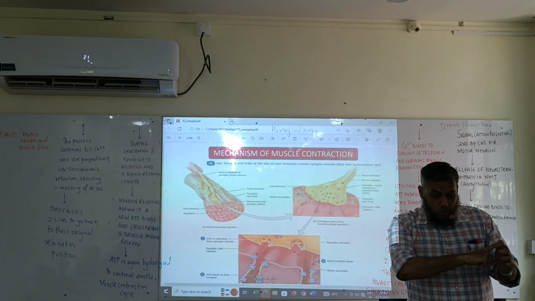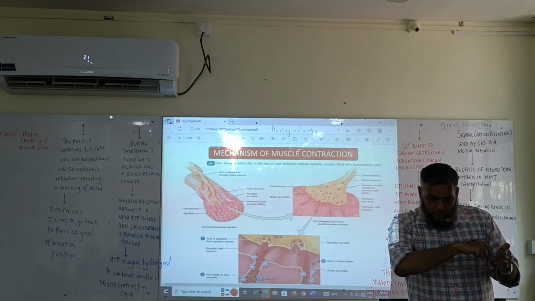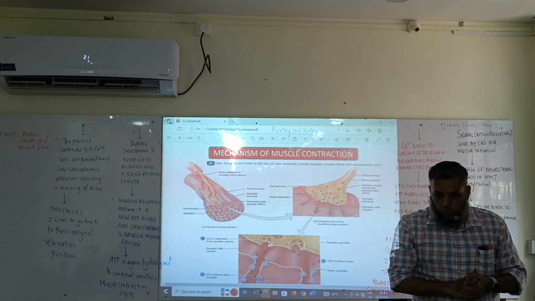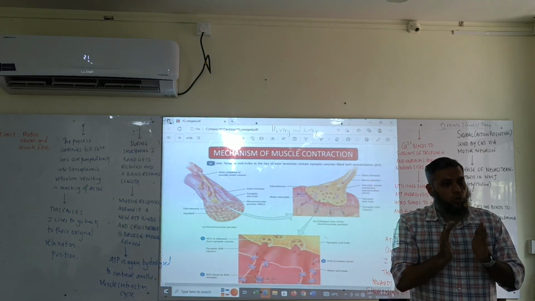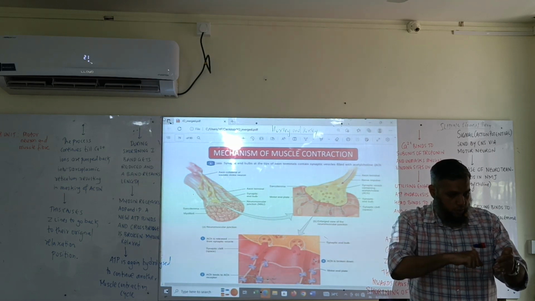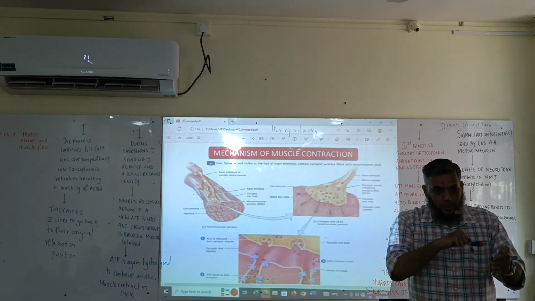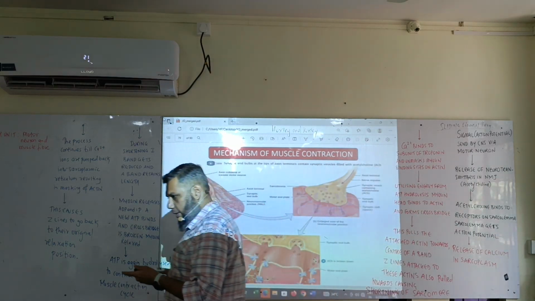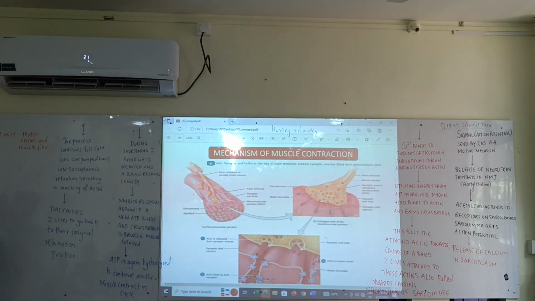So the axon and the sarcolemma leaving a gap is called the motor end plate, or the neuromuscular junction. At the neuromuscular junction, does the neuron touch the sarcolemma? No. Clear everybody?